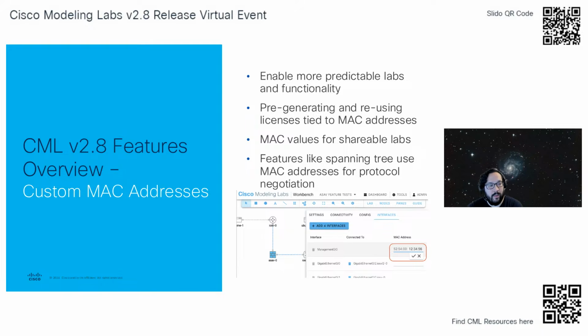This also helps with sharing labs and standardizing things, and you can use this for teaching, like Joe mentioned. If you're setting up labs and want to share them with different users, custom MAC addresses can help. And certain features, like spanning tree, use MAC addresses for protocol negotiation, so this helps facilitate that quite a bit.